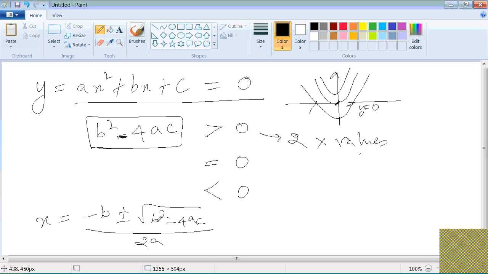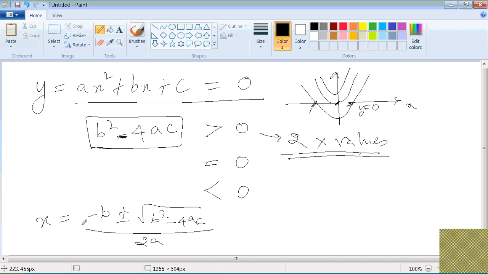Now, when b squared minus 4ac, the discriminant, is positive, greater than 0, you get minus b plus or minus some positive value by 2a, which gives you 2 x values, right? So your curve is touching the x-axis in two places. When this is 0, you see that this plus or minus 0 is nothing, it just goes away.